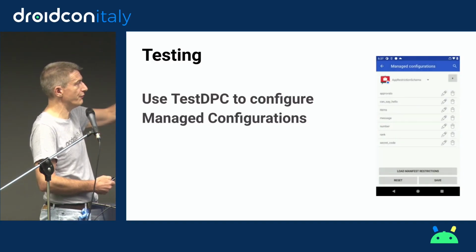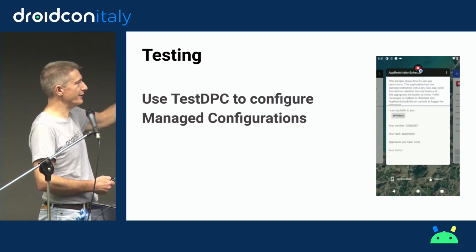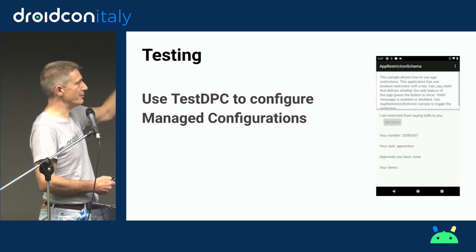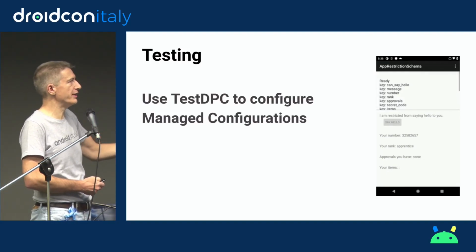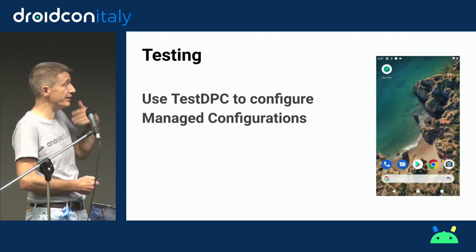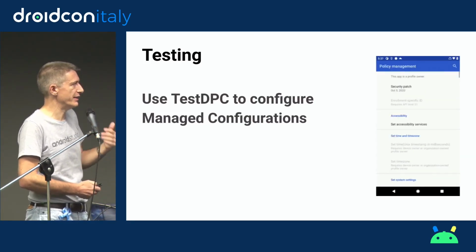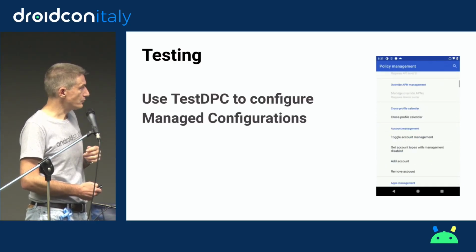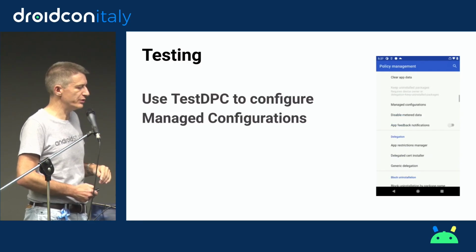If I turn it off and go back to my application, after saving, I'm going to see that the button is now disabled. The moment the application is launched, it receives the intent, and in this case the application disables the button as an answer to this. Okay, so through TestDPC, it's possible to do this.